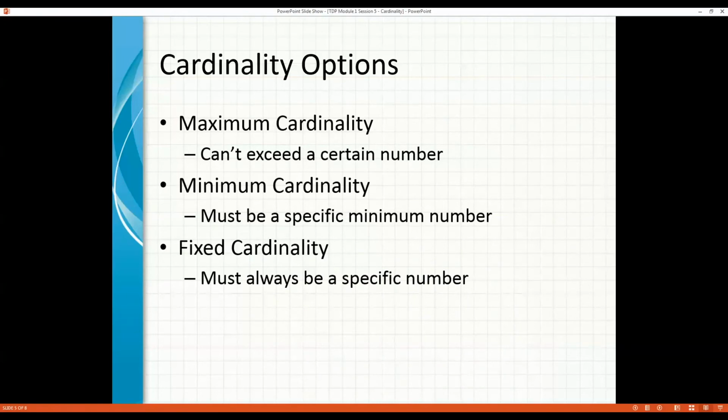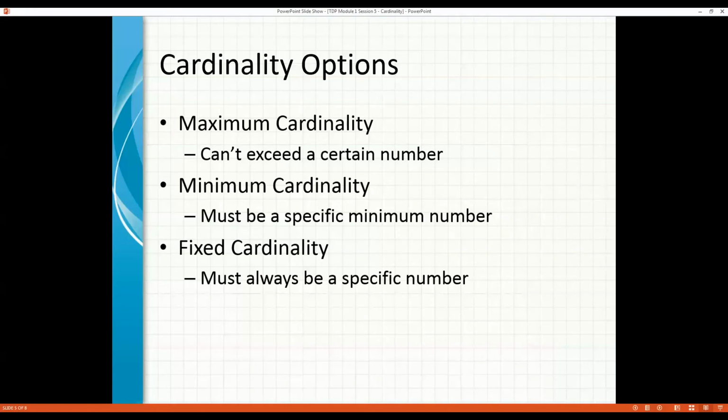When we want to specify specific cardinalities, there are 3 things that we typically focus on: a maximum cardinality, a minimum cardinality, and a fixed cardinality. If we want to specify a maximum cardinality, we're going to specify that it can't exceed a certain number. Likewise, with minimum cardinality, we're going to specify that it can't be below a minimum number.